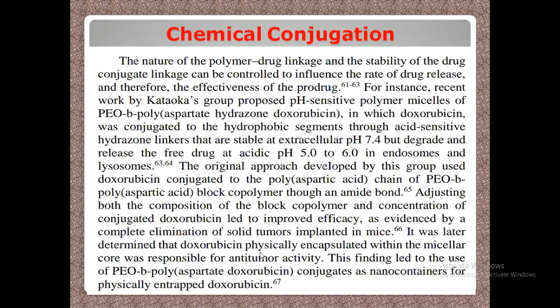Adjusting both the composition of the block copolymer and the concentration of the conjugated doxorubicin led to improved efficacy, because it carries the drug and increases its efficacy, as evidenced by a complete elimination of solid tumors implanted in mice.